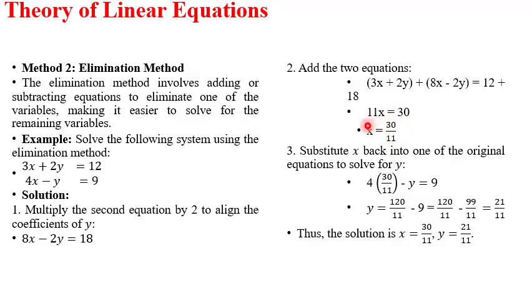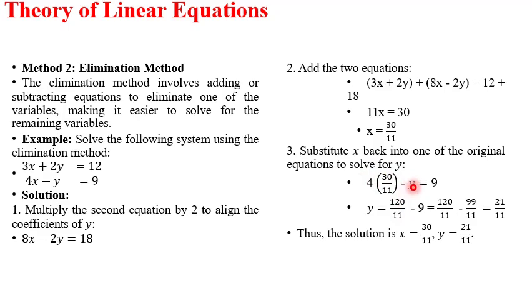We can then substitute this back into any of the original equations, of course, to get y. So taking this second equation, which should be the simplest with which the substitution can be made, that was 4x, and since x is 30 all over 11, then we get something like this.